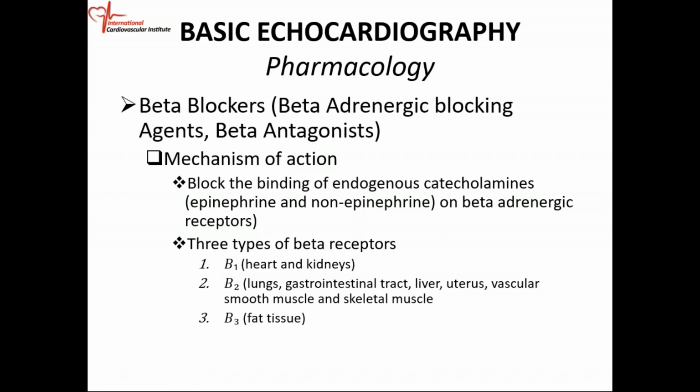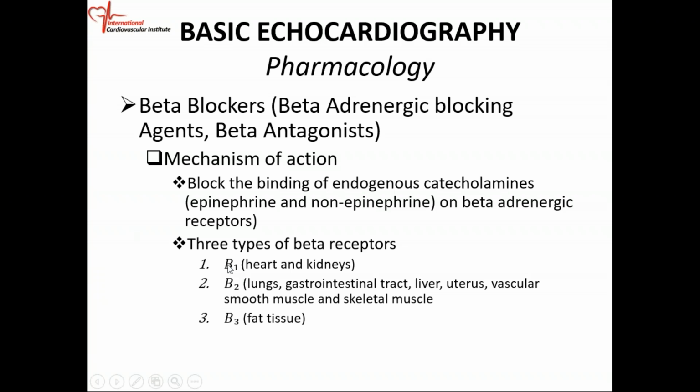Okay, so there are 3 types of beta receptors, but we're just going to look at the beta 1 and the beta 2. So the beta 1 receptor is in the heart and the kidney, but mainly the heart.